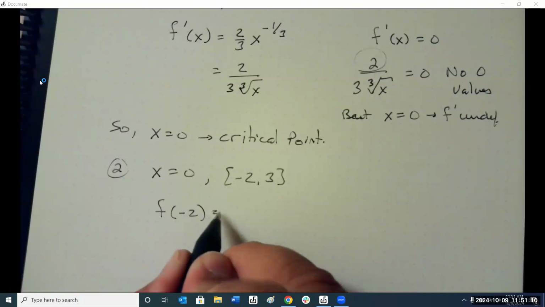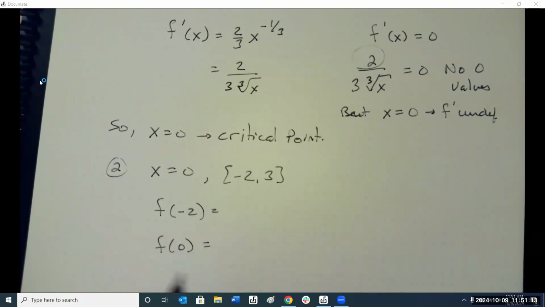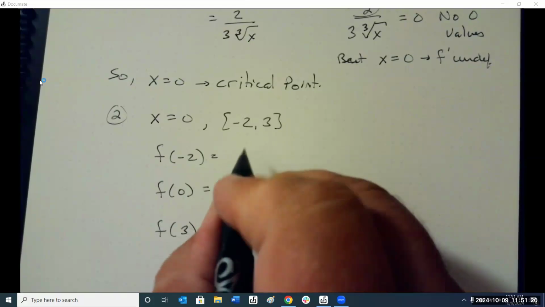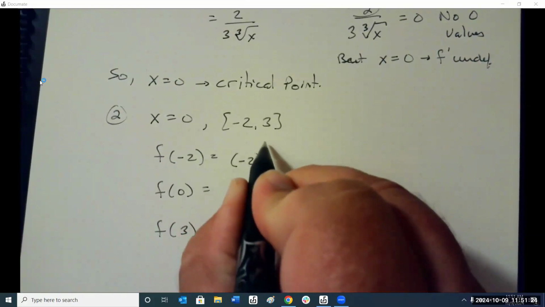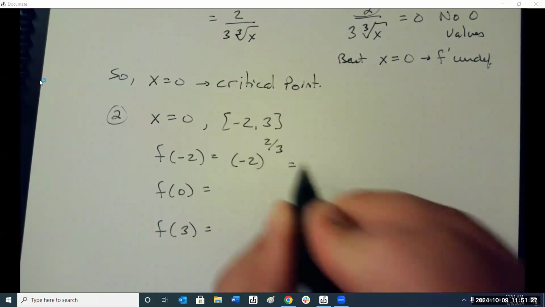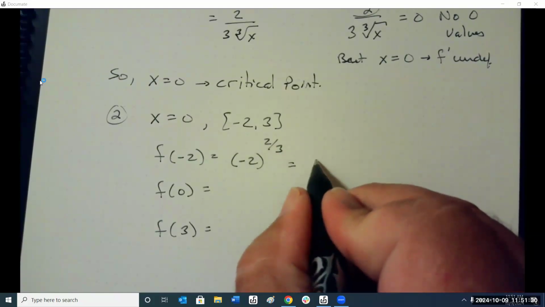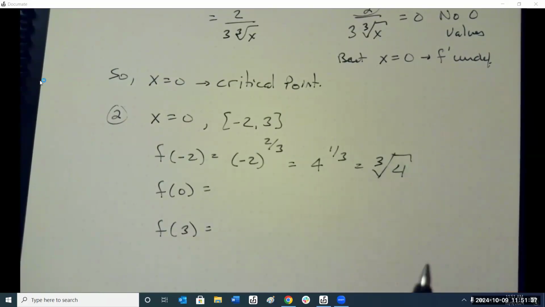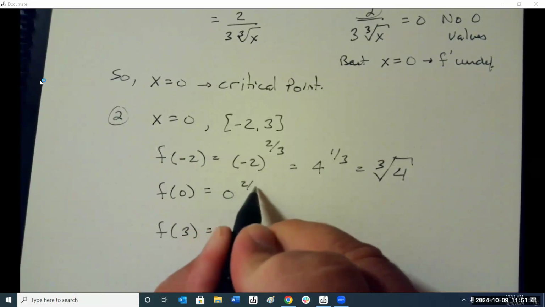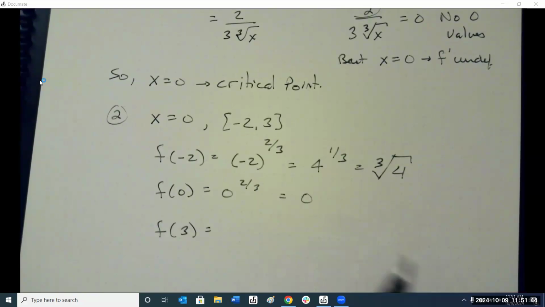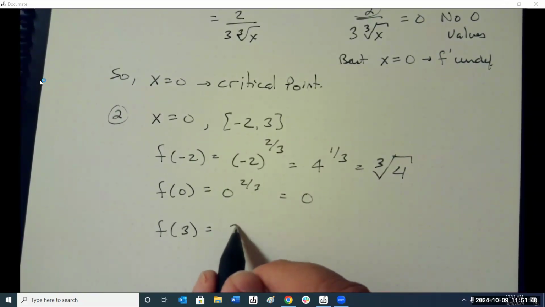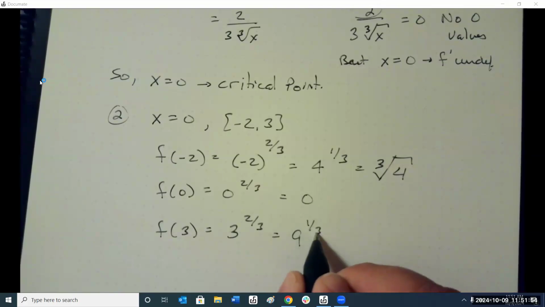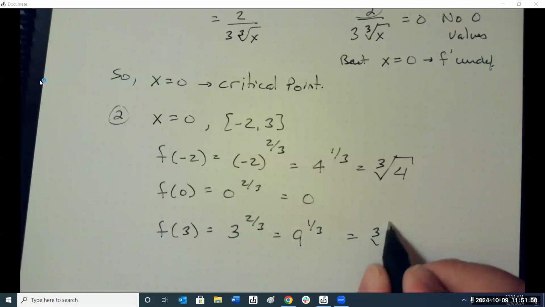So we have to look at all three of these. -2 squared is 4, so the cube root of 4. 0 to the 2/3 is 0. 3 to the power 2/3 is 9 to the power 1/3, cube root of 9.